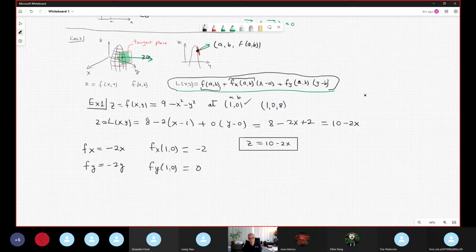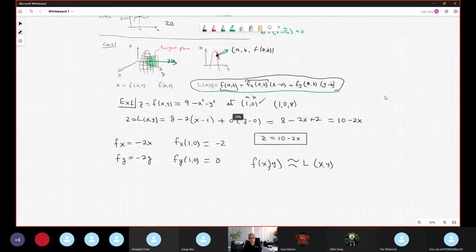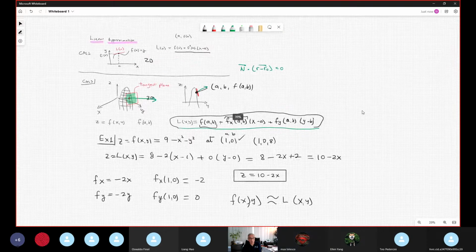Yeah, because in the neighborhood, I mean the closest point, it's obvious that the function and the linear approximation are the same. This is the idea of the linear approximation. Look at that. This is from the beginning of Calculus 1.